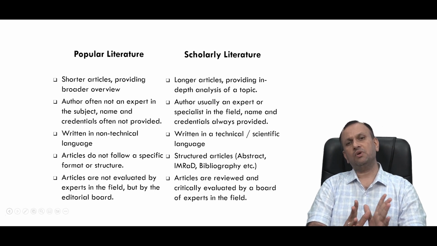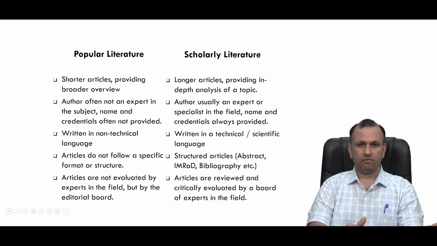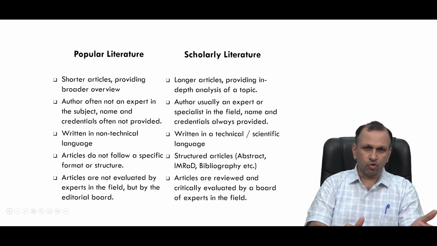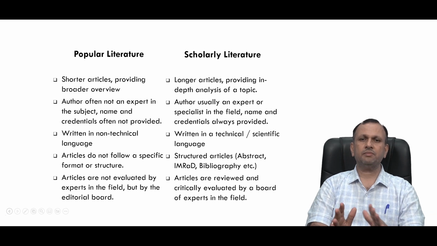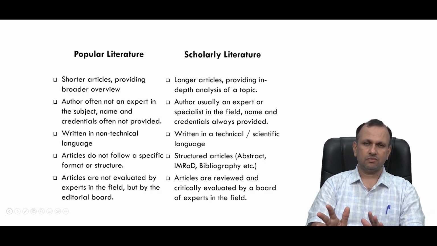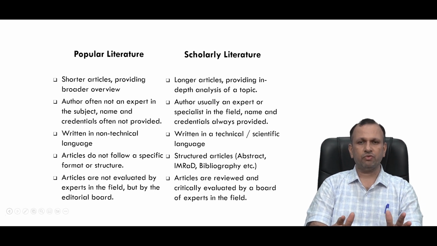Again, there could be a closed review and open review. Sometimes the reviews may be uploaded along with the article when it gets published, even the reviews along with the reviewers' identities, right? Everything may sometimes be uploaded along with the article. In such cases, the review is called open peer review.